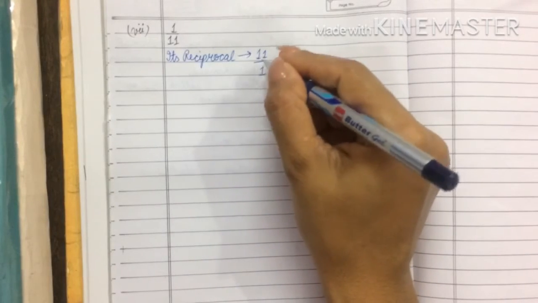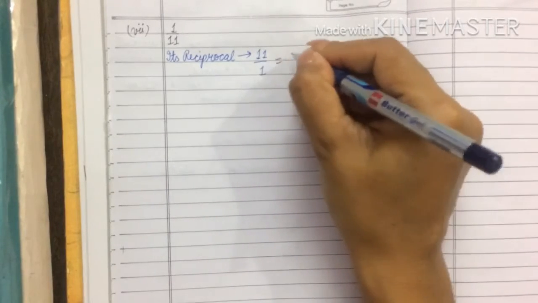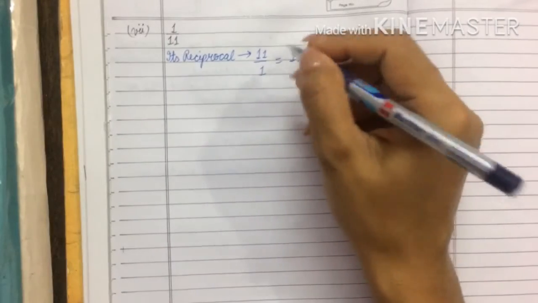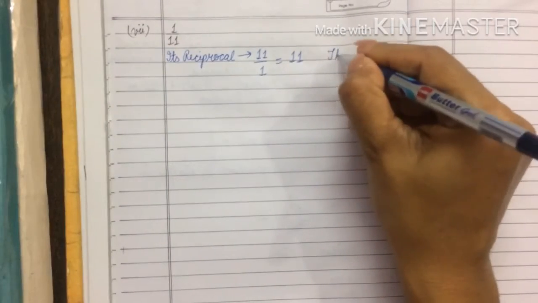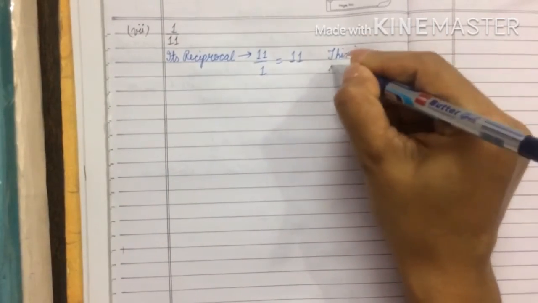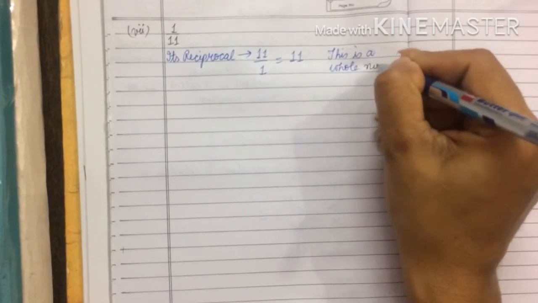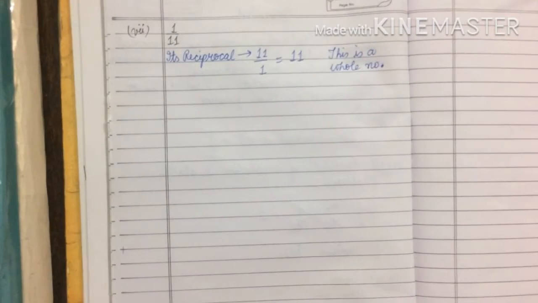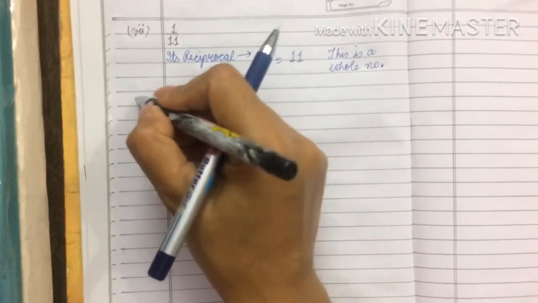Now 11 over 1 means this 1 can be ignored. So this is 11. It's no more a fraction now. So this is a whole number. This is how you will do the remaining parts. The remaining parts are 2nd, 3rd, 4th and 6th. That will be your homework.